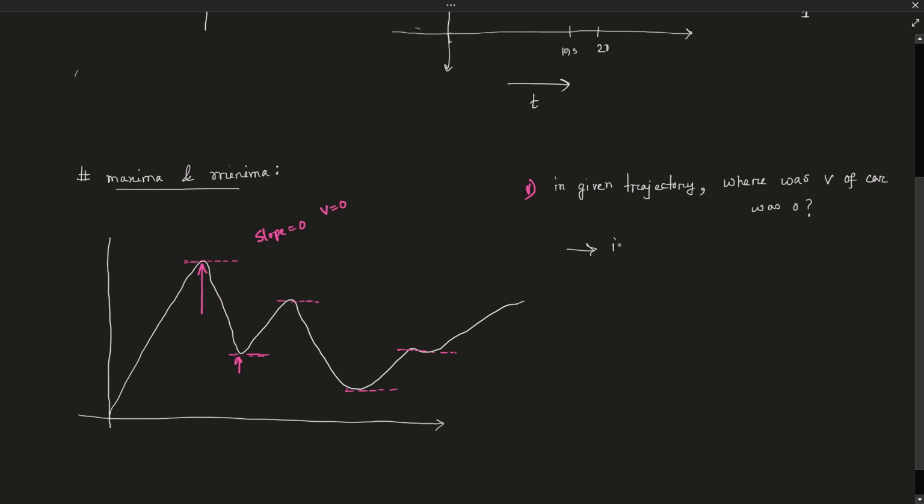This will be at the tangent points. Since this is the highest point, and since we had seen that at the tangent points there is a horizontal line, that is our slope, and therefore the slope is zero. So obviously at these points the velocity will be zero.